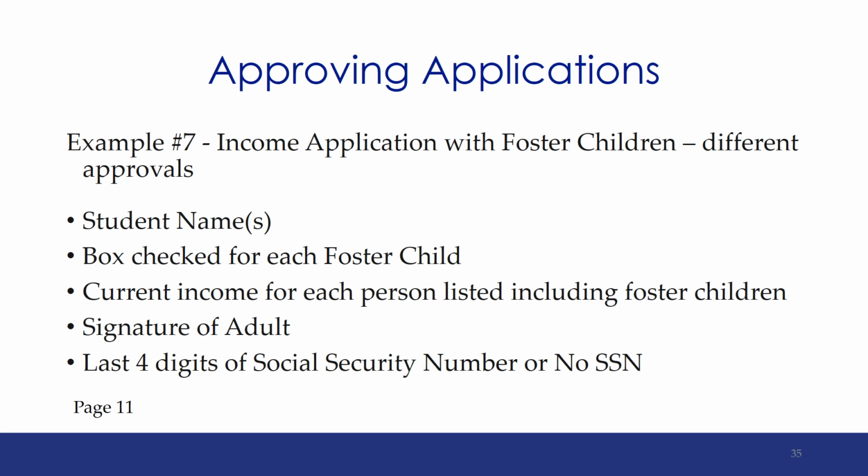If you receive an application for a homeless, migrant, or runaway child, the approval process is similar to the foster child examples we just went through, with one major difference.